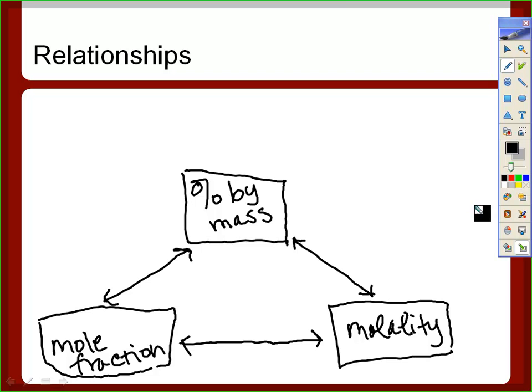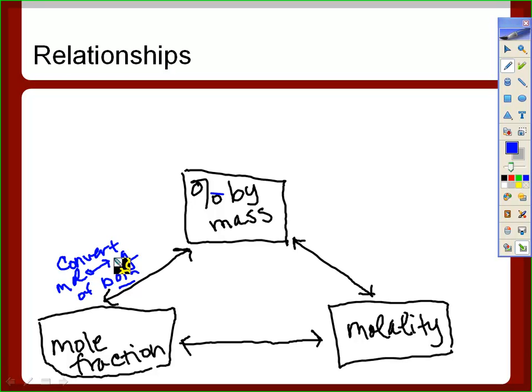Let's just look at this really quickly here. If you want to go from percent by mass to mole fraction, we just talked about that. We just have to convert between moles and grams of both our solute and our solvent. So it's a pain, but you can do that.